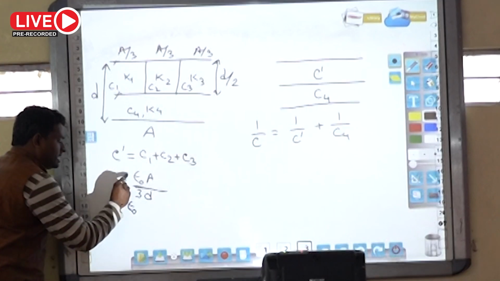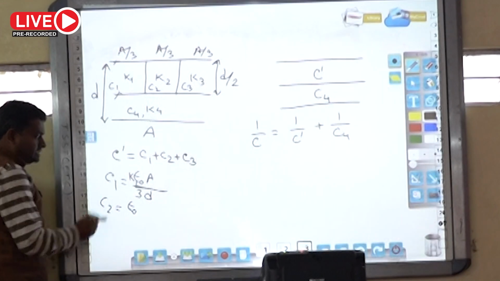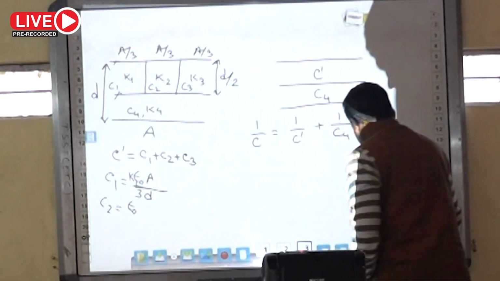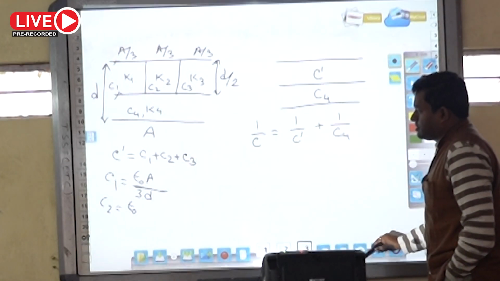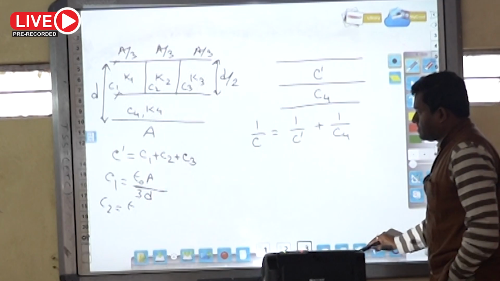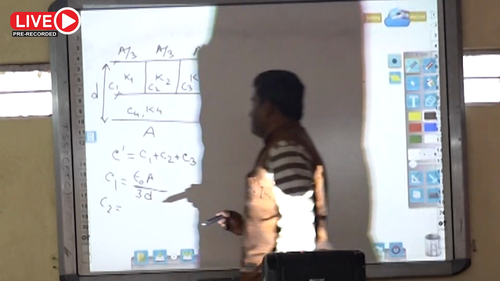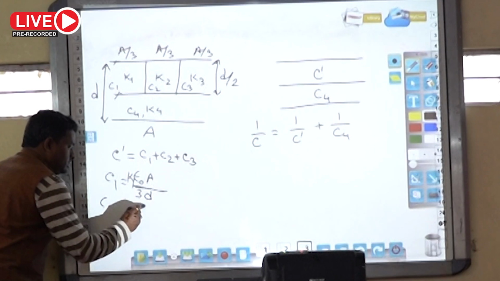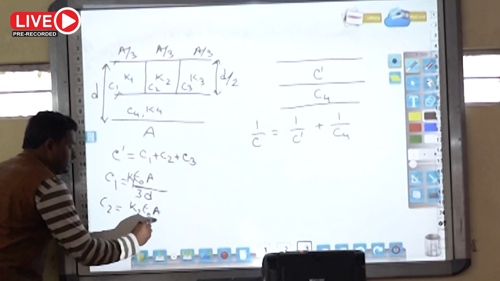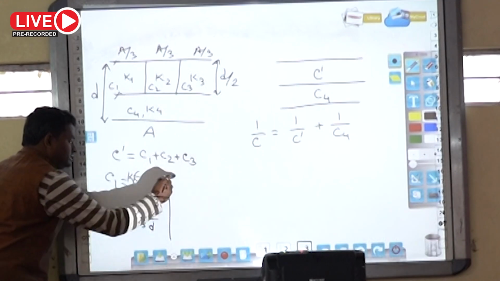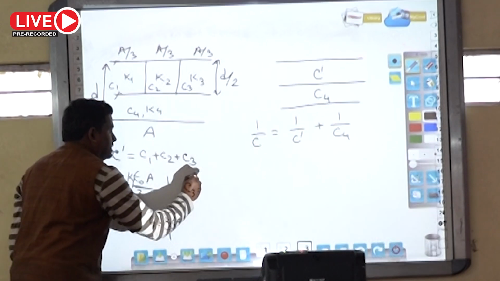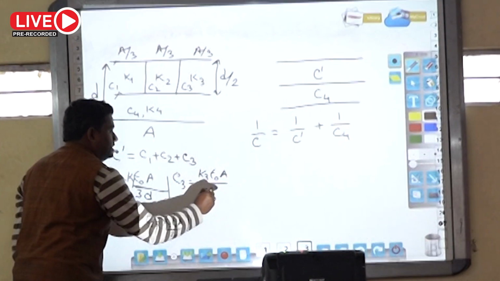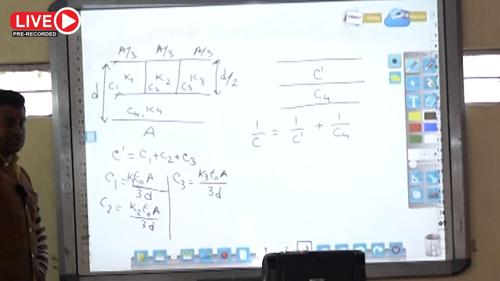Sorry, here is K1, so C1 is K1 epsilon naught A by 3d. Similarly, here is K2, so C2 is K2 epsilon naught A by 3d, and similarly C3 is K3 epsilon naught A by 3d, because area is A by 3 for each.